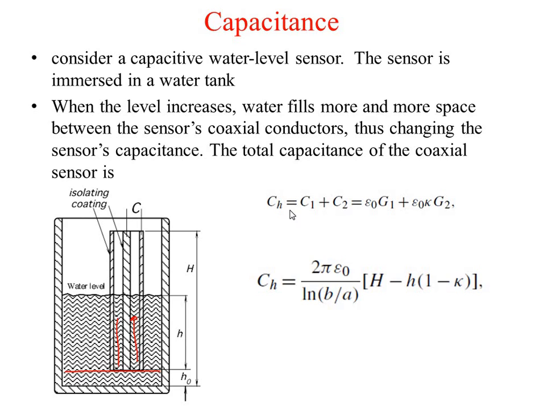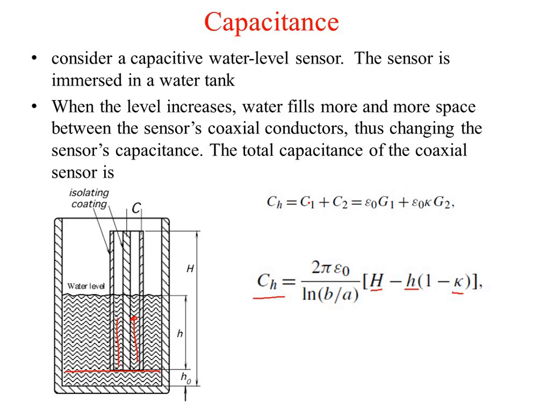Here you can get Ch is equal to 2 pi epsilon 0 ln b by a, so you can calculate this. The overall height of the tank is known to you, where the capacitance will be maximum. This h is known to you, this k is known to you, so you can easily calculate the value of Ch, and you can easily get the water level measurement with the help of capacitance.